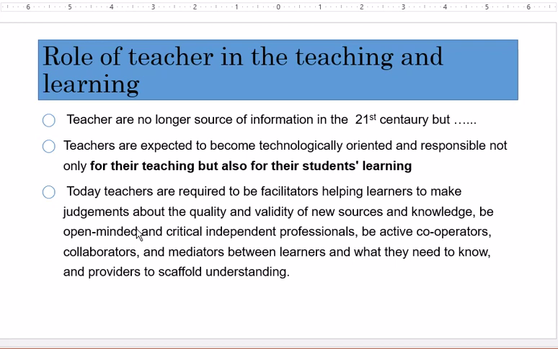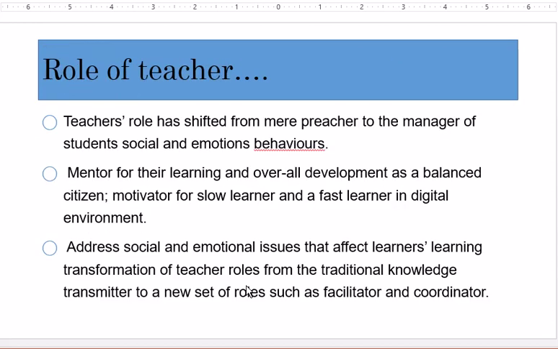They are more facilitators, mediators, collaborators, and they provoke open thinking and encourage students to critically analyze the tasks they were given. Here teachers also shift their minds to the students' social and emotional behavior.